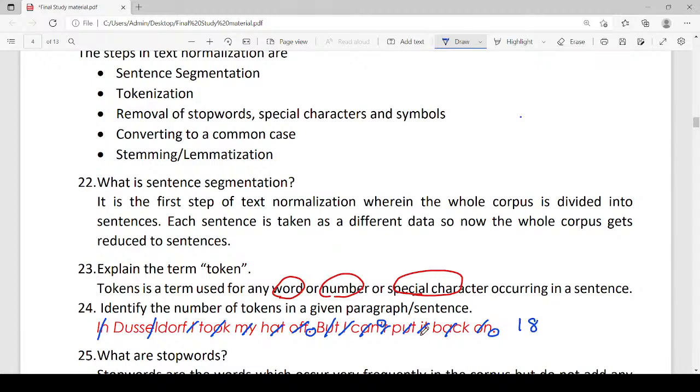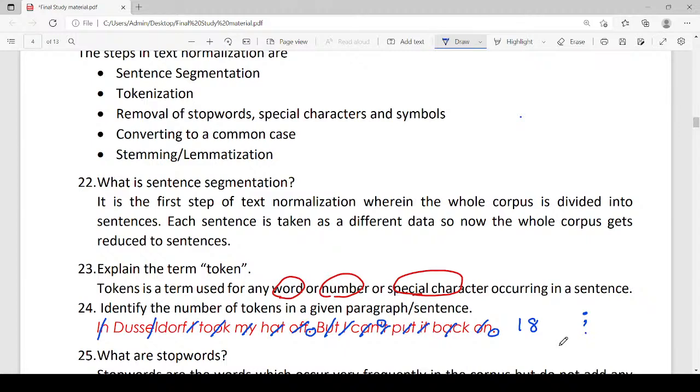Majority of you have got it right. So you will have to count full stop, you will have to count an apostrophe, you will have to count the next full stop also. So you will have to be very careful when you are going to find the number of tokens. You have to consider the word, number as well as any special character which is occurring in the sentence. Excellent students, most of you have given the right answer.